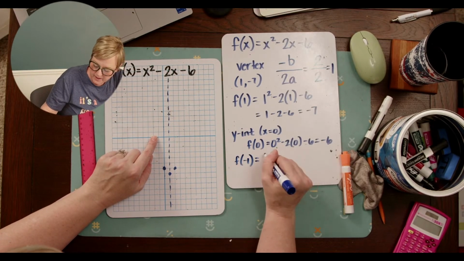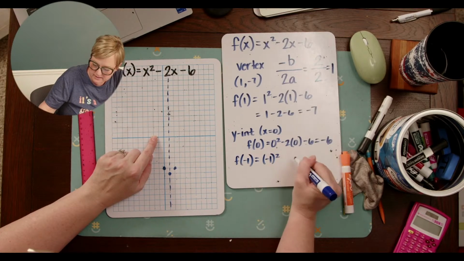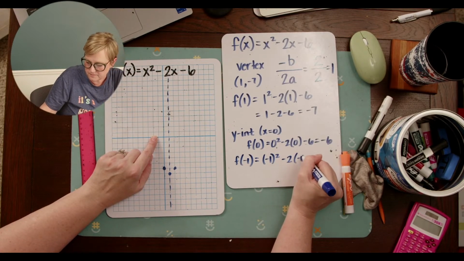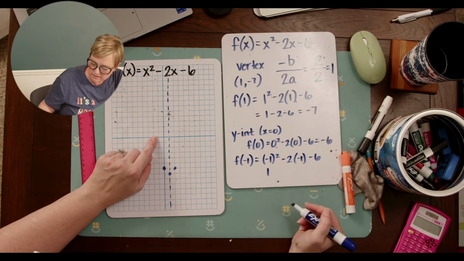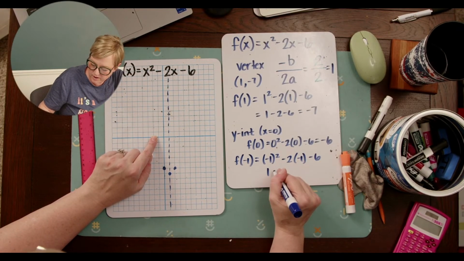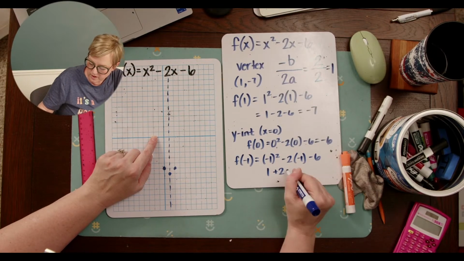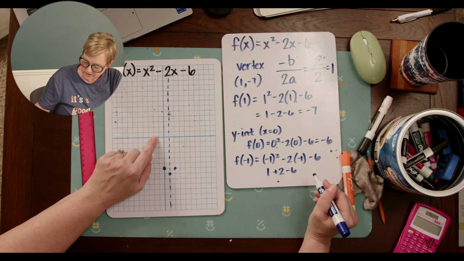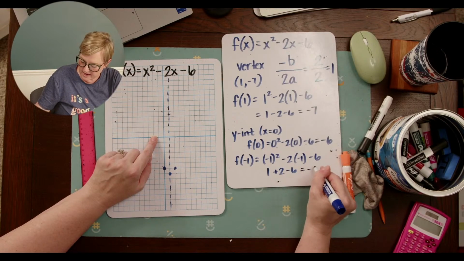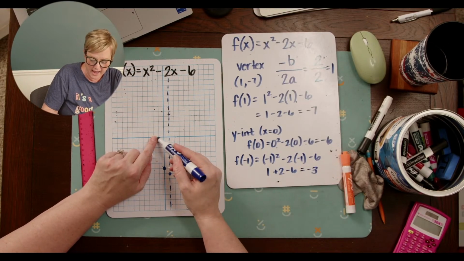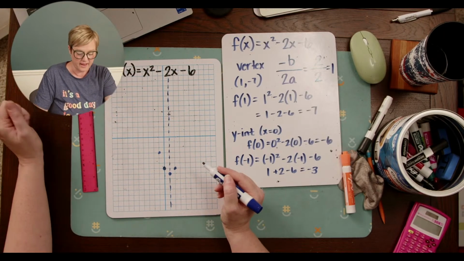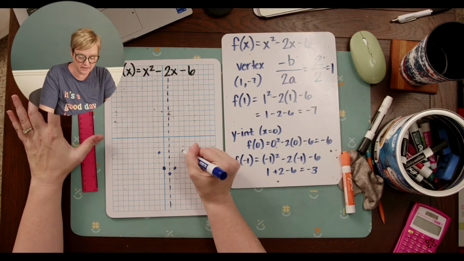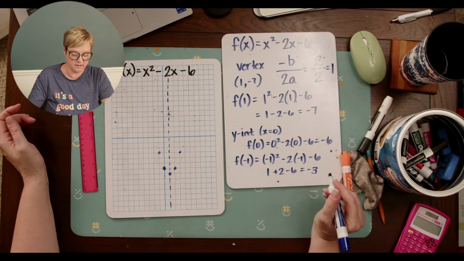I'm going to plug in negative 1 for my x. So I've got negative 1 squared, which is 1. Negative 2 times negative 1, which is plus 2, and then minus 6. So I've got 3 minus 6, which is negative 3. So when x is negative 1, y is negative 3, so I've got a point there. And remember, it's a mirror image, so it goes over here as well.